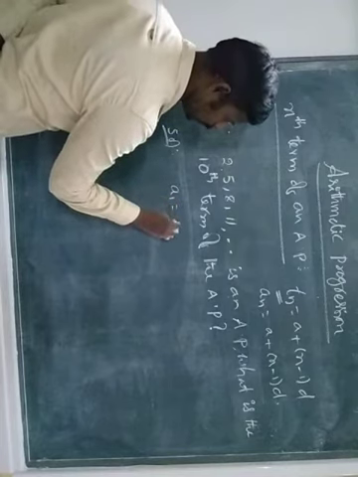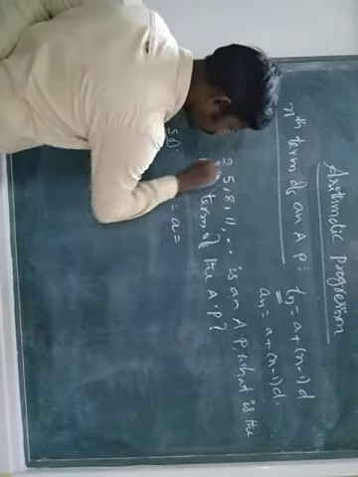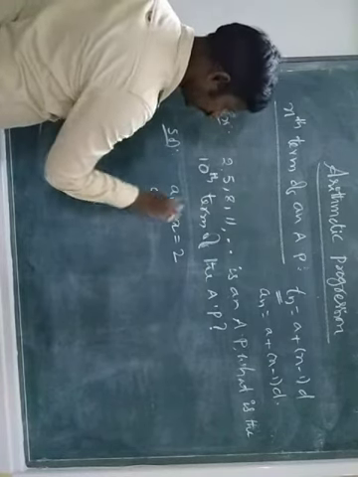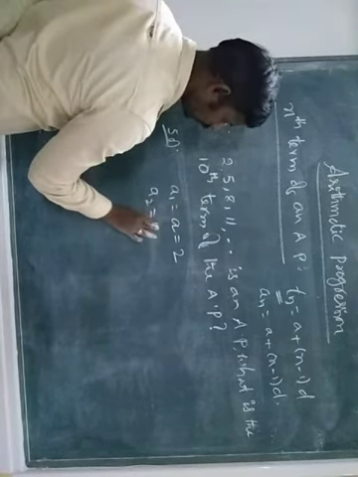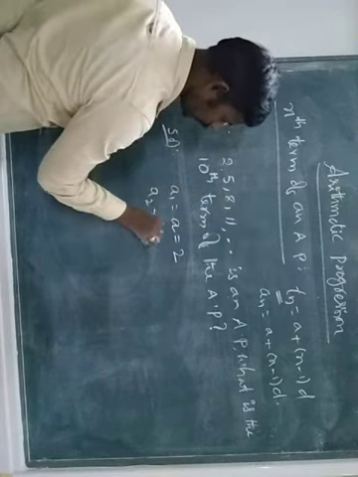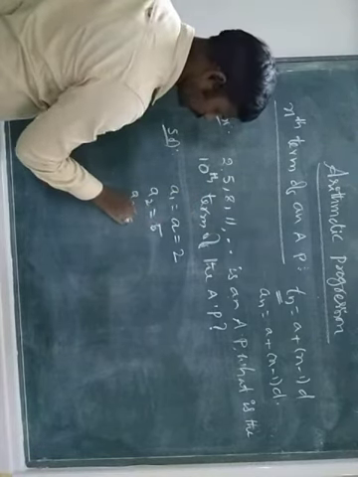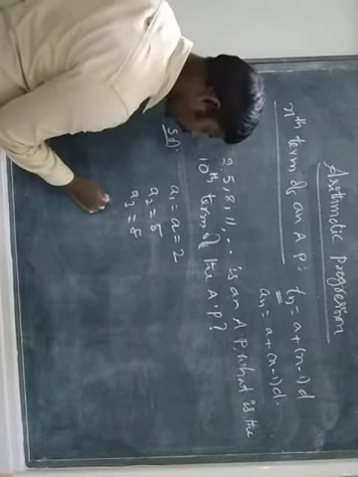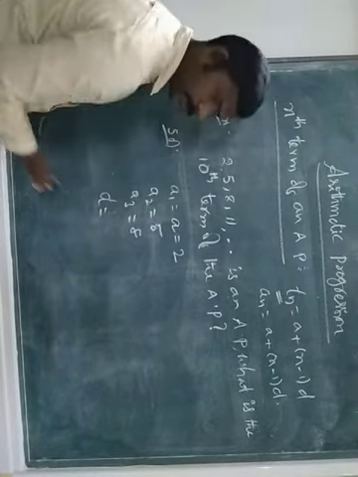A1, that is A, is equal to 2. A2, the second term, is 5. A3 is 8. Now you can find the common difference D value.